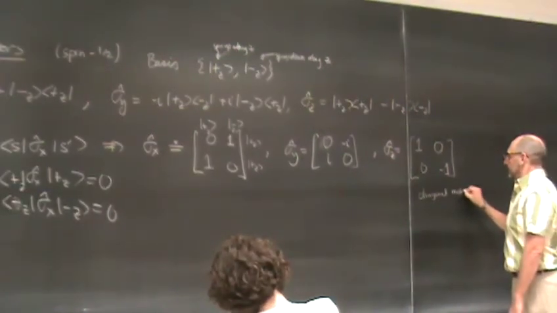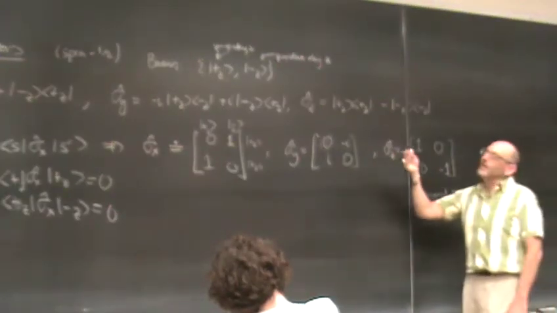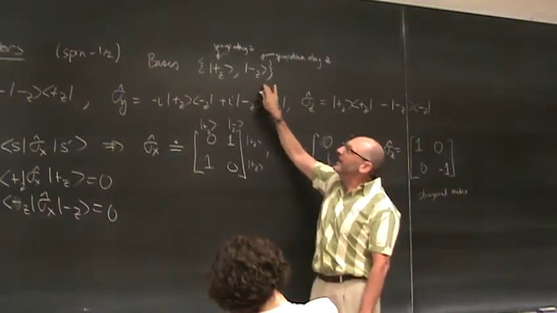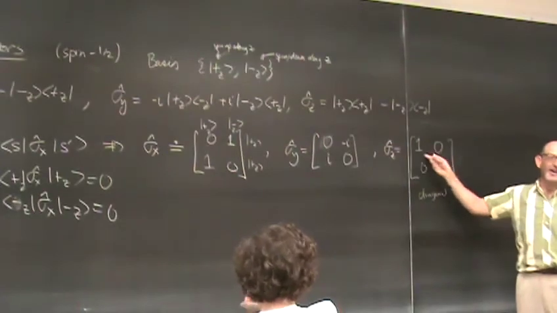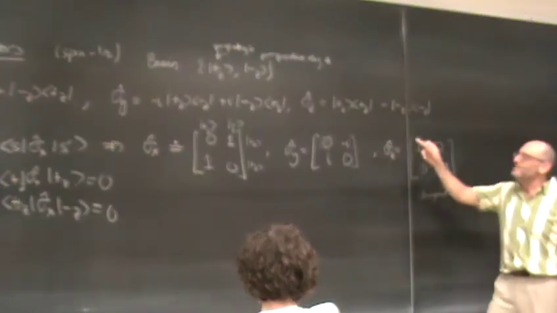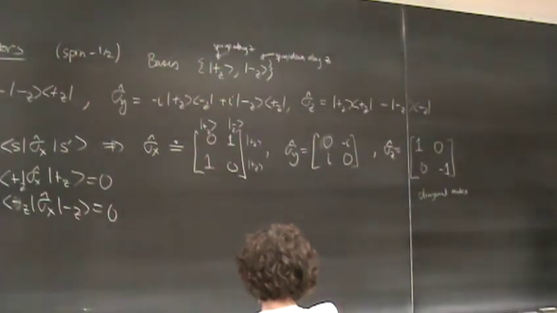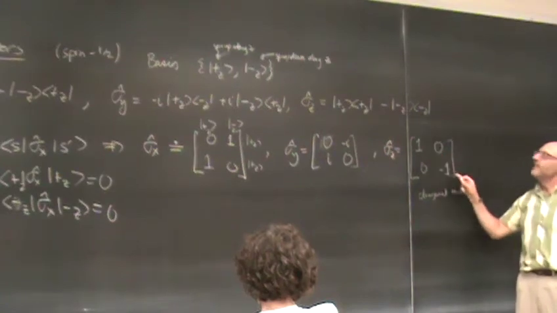Obviously, this is an example where, as we'll talk about more this lecture, these vectors are the eigenvectors of this matrix, or this operator, and an operator represented in the basis of its own eigenvectors is diagonal, where the diagonal elements are the eigenvalues.